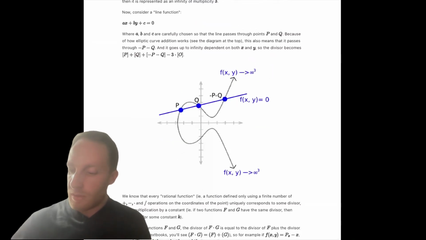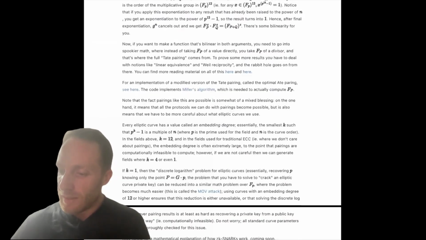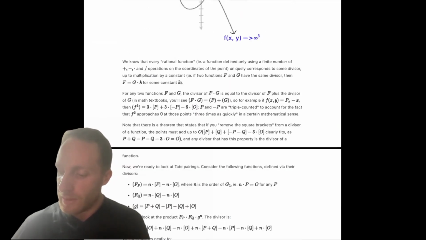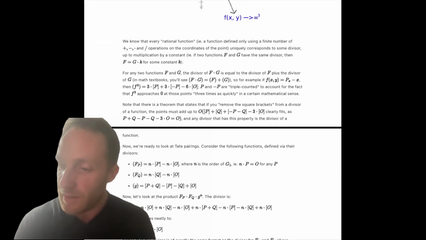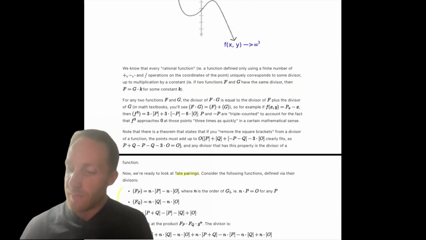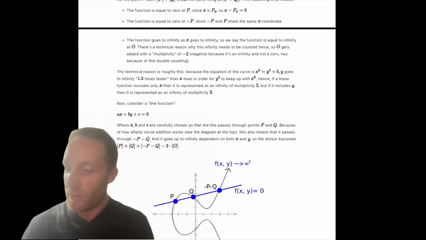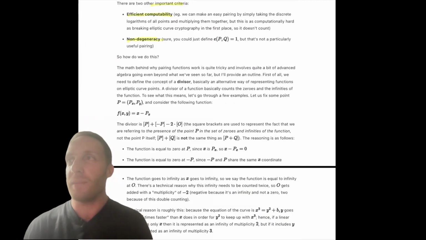So this is the rest of the article, where he's giving intuition for the definition of the Tate pairing. The Tate pairing is defined here, like this. Divisors are still difficult for me, so I won't even attempt to describe them here.